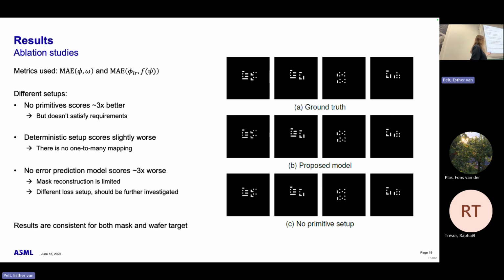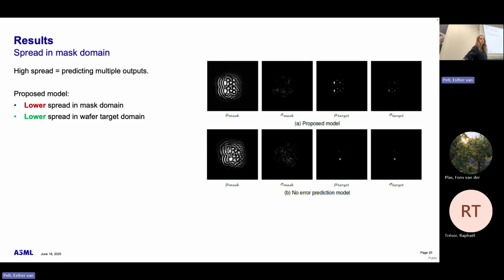And in all cases, we see that the results are consistent for both the mask and the wave target, which means that the decoders are trained well, but also the latent space is basically good enough to predict both of them and to make sure that we have consistent results. I also tried to measure the spread in the mask domain.